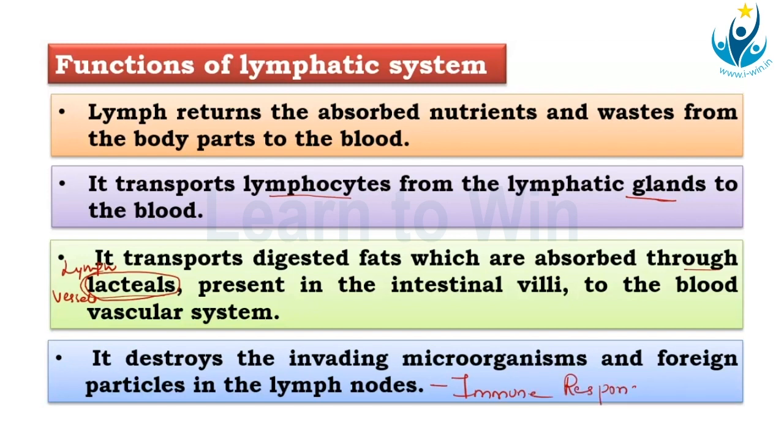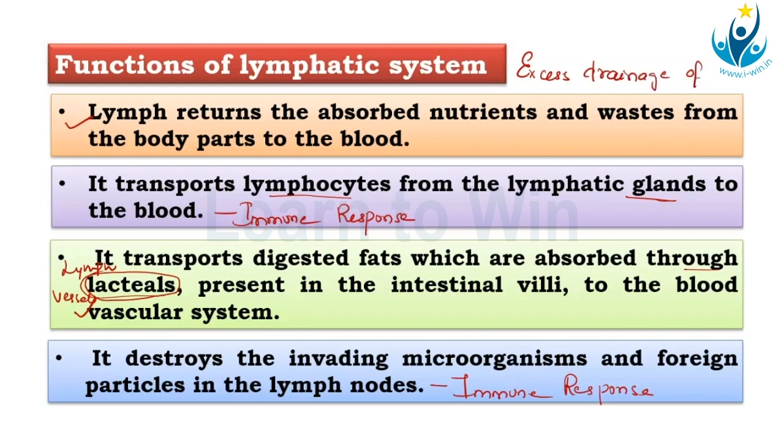Even this is also immune response. Then the other two, we can say, are transport of dietary lipids and nutrients. And another point, which is not here but we mentioned, is excess drainage of water.